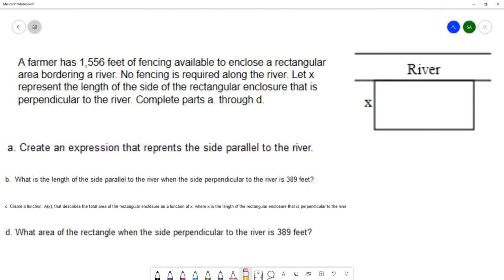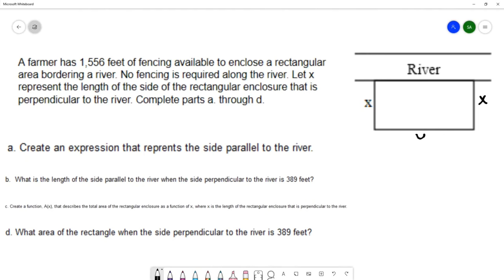So in part A, we want to create an expression that represents the side parallel to the river. So when we're trying to find this side, we can label the other side as X. And we want to find the length of this side here.